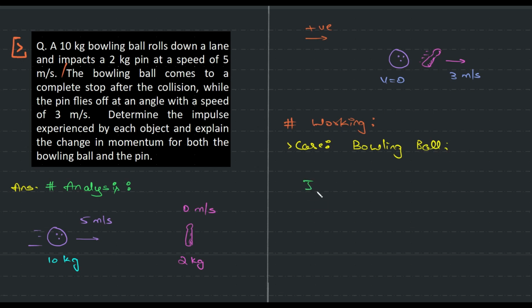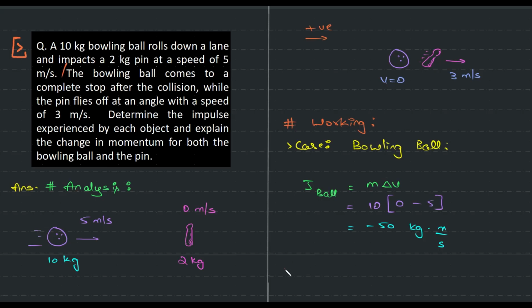The impulse of the ball will be given by mass times change in velocity, delta V. Mass is 10 kg. The velocity changes from 5 to 0, my bad. And since we have taken right as positive, the change is minus 5, and we have minus 50 kg meter per second.